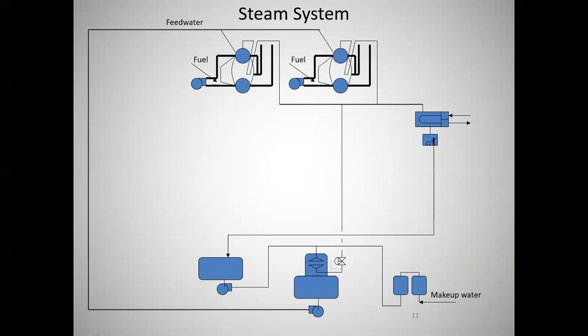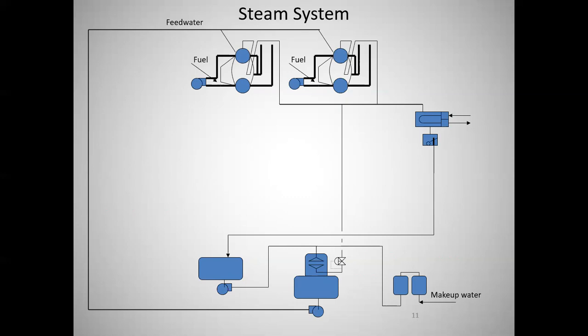Okay, so steam system. This is a little bit of a cartoon of an industrial steam system. We're going to start out with a small, simple system, and we're going to go through and add components to it. So up here, we're showing 2 boilers.